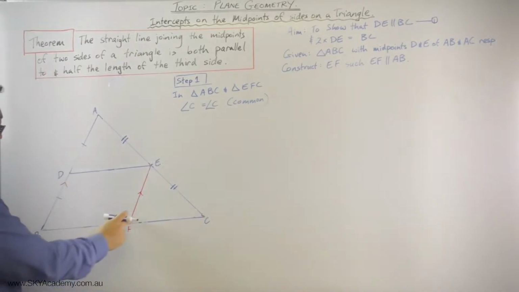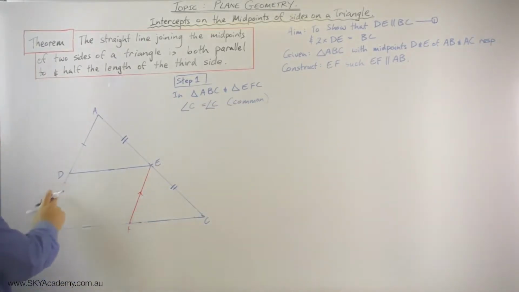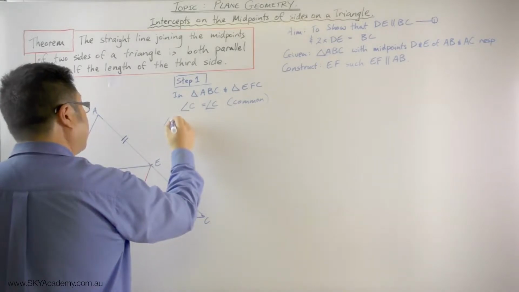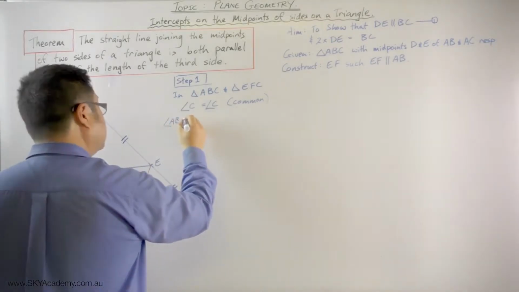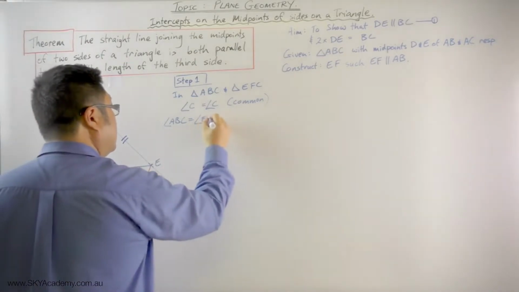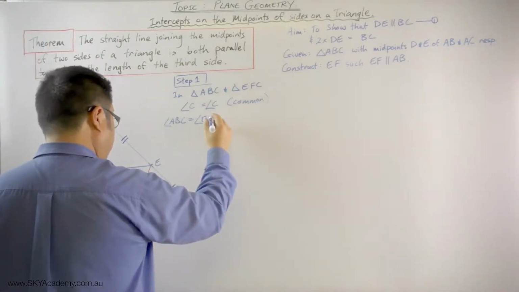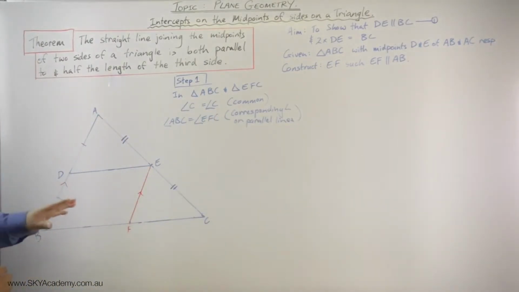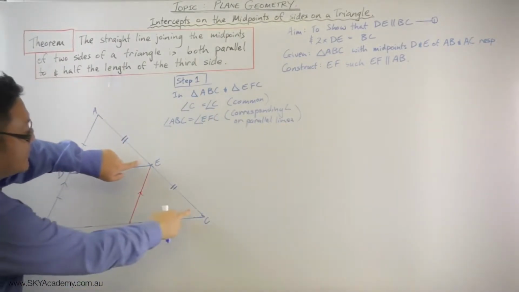And we also know that this angle is equal to this angle because they're corresponding angles on parallel lines. So angle ABC is equal to angle EFC.